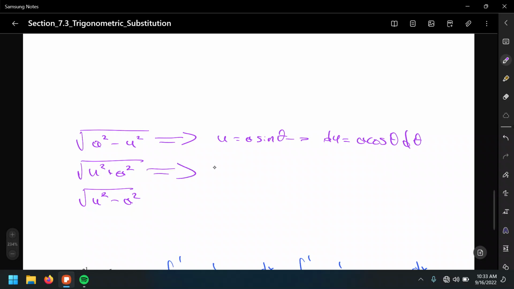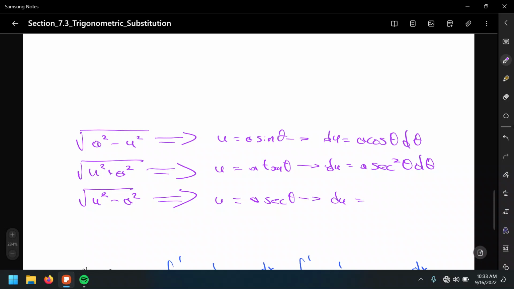If you have this form, essentially they tell you u equals a tangent theta, which means du equals a secant squared theta d theta. If you have this form, essentially they want you to memorize u equals a secant theta and du equals a secant tangent.